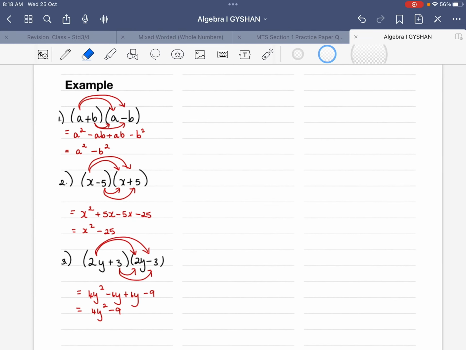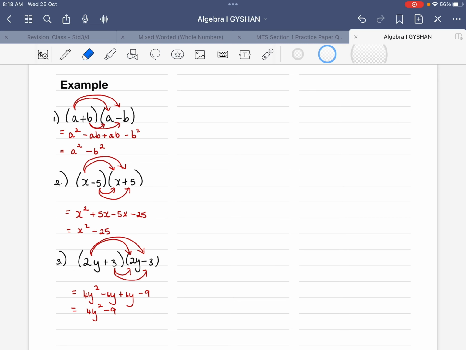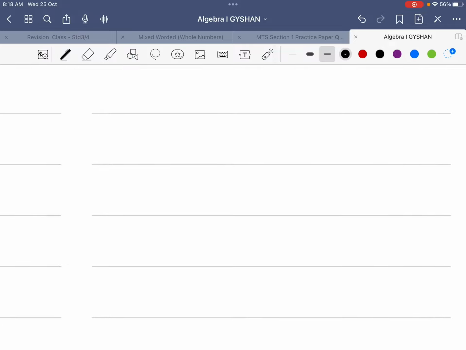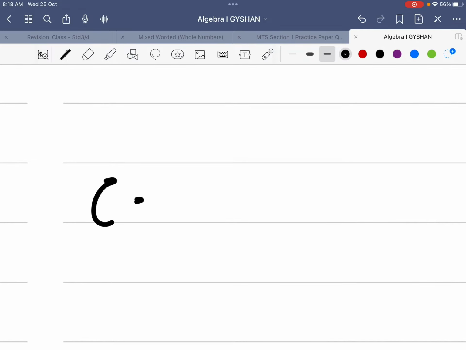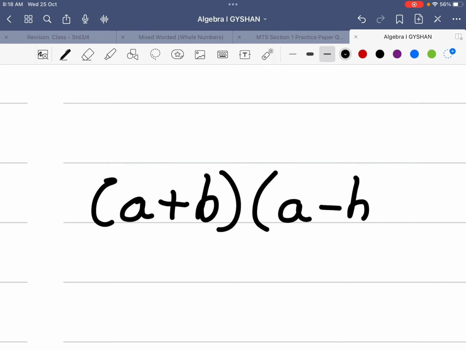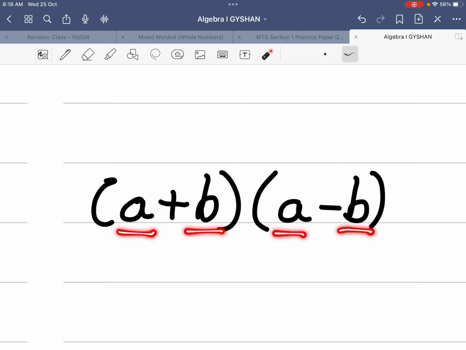Right, so these, we will notice something unique about these, so let's go through one of them. A plus B by A minus B. So the first thing that we can notice is that the terms are the same in both brackets, but the signs are different in the middle, particularly in the middle.